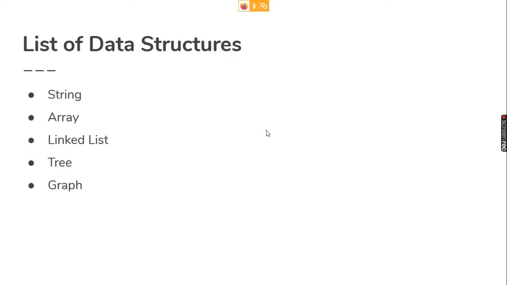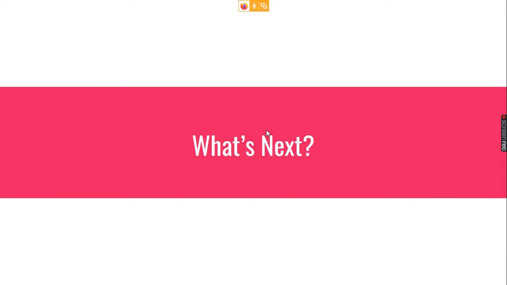Okay, so what is next? Now we know what data is, what data structures are available, and what an algorithm is, but we don't know which algorithms to use to solve problems for a specific data type. For example, if we get a problem on a string, we need to find which algorithm to choose.